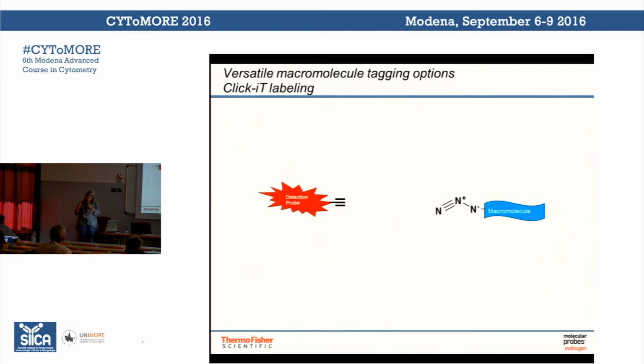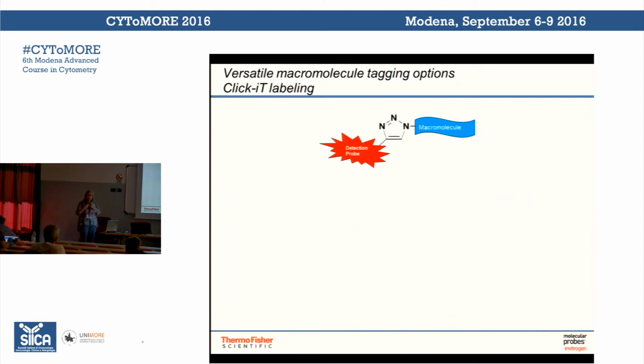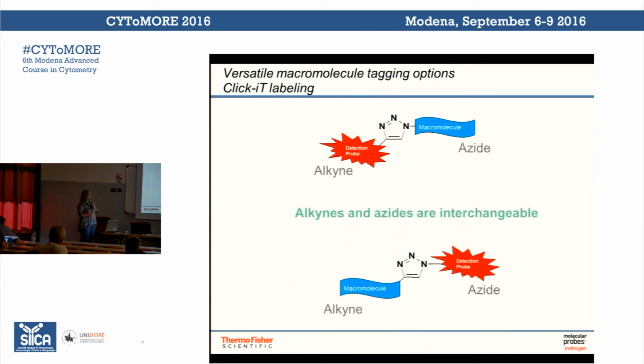It's also a very versatile labeling moiety, where you can have the detection probe in either an azide or an alkyne, and depending on what it is that you're measuring, you'll have the other component for the detection. And I'm going to be describing one application from each of these.